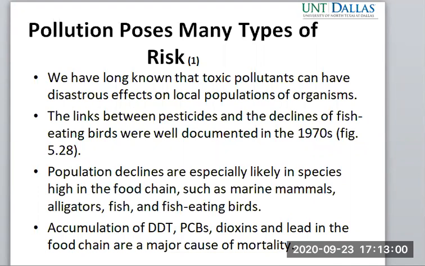Pollution also poses many types of risks. Lead poisoning is another major cause of mortality for many species of wildlife. Some bottom feeding waterfowl such as ducks, swans, and cranes ingest the spent shotgun pellets that fall into the lakes and marshes.